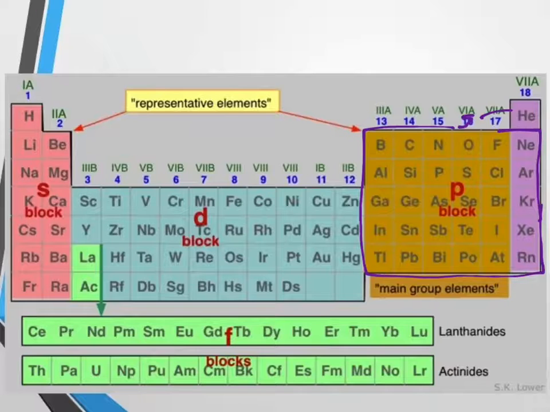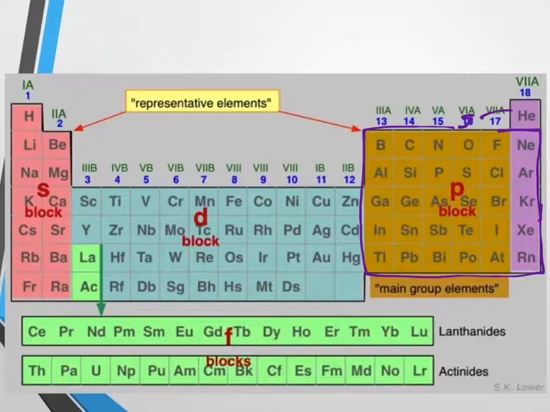Yeah. Okay. The next thing I need you to see is the following. How many electrons can the s orbital hold? 2. How many columns are in the s block? 1, 2. How many electrons can the p suborbitals hold? 6. How many columns are in the p block? 1, 2, 3, 4, 5, 6.